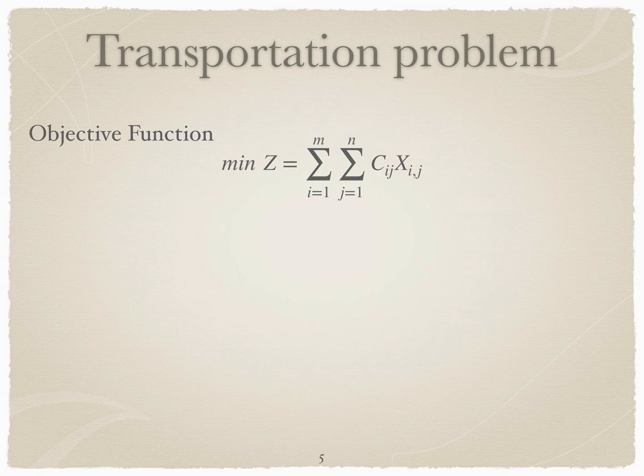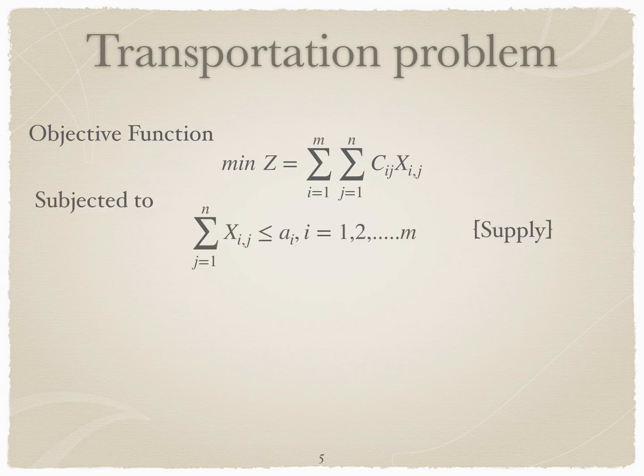Total transportation cost depends upon the unit transportation cost from source i to j, Cij, and the quantity transported from source i to destination j. So here we take sum of Cij Xij for all i is equal to 1 to m and j is equal to 1 to n.